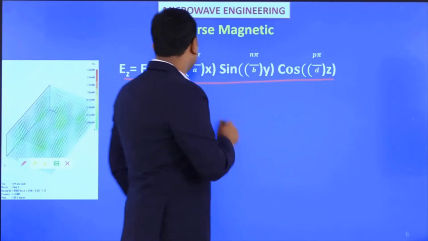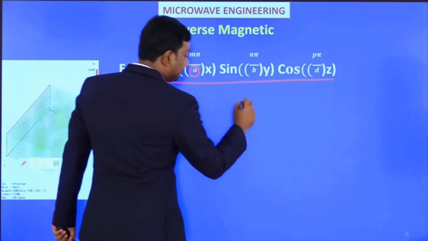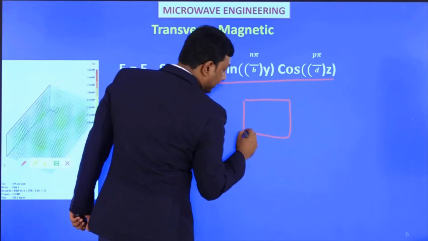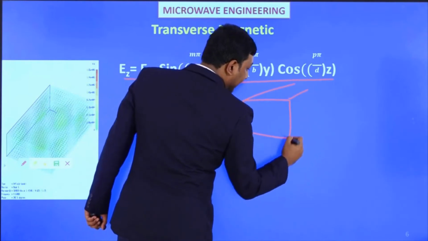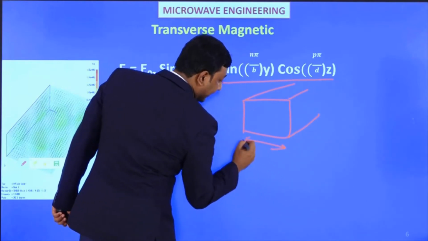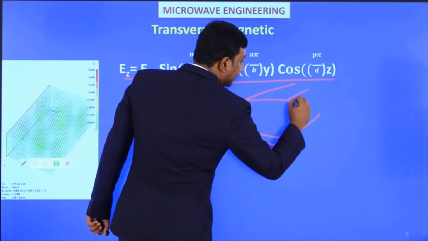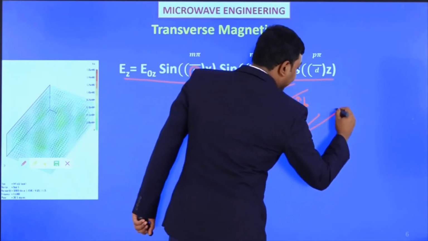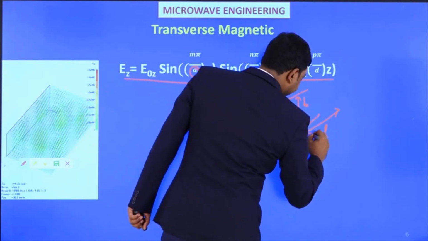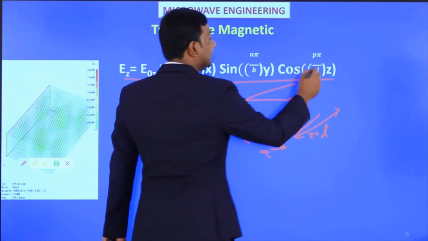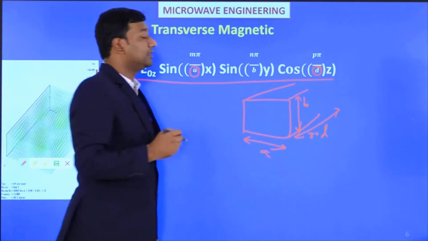For a rectangular cavity, in the x direction the dimension is A, in the y direction B, and in the z direction the length is D.